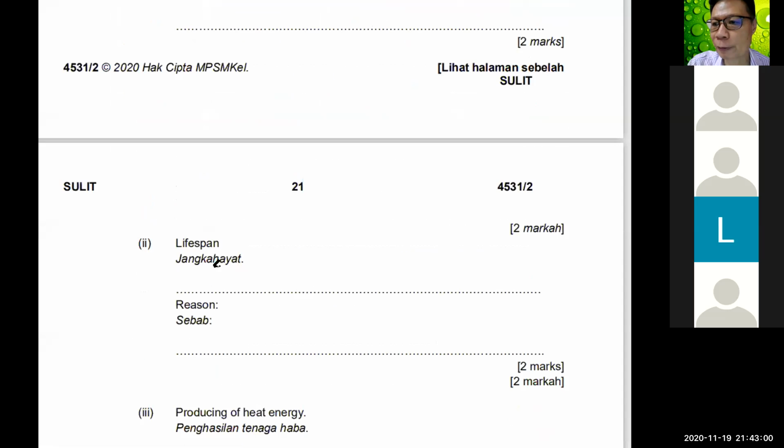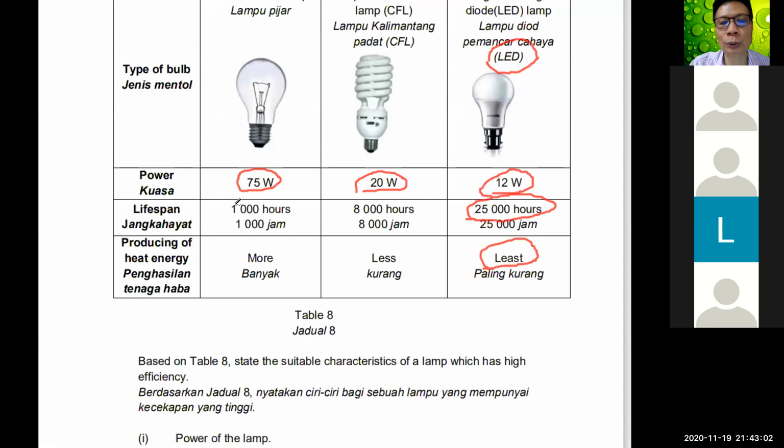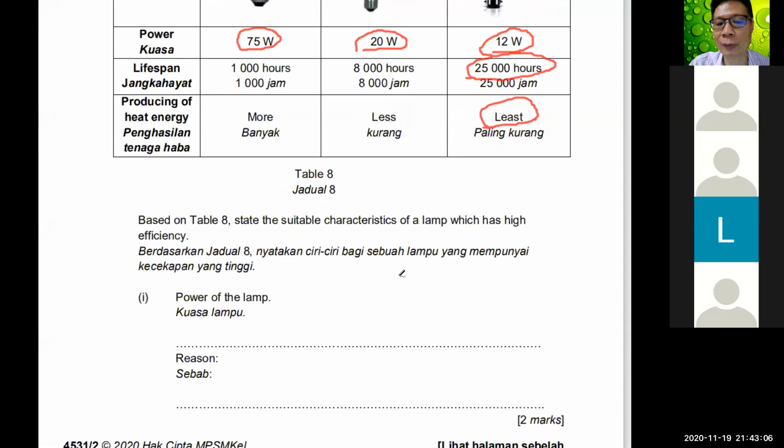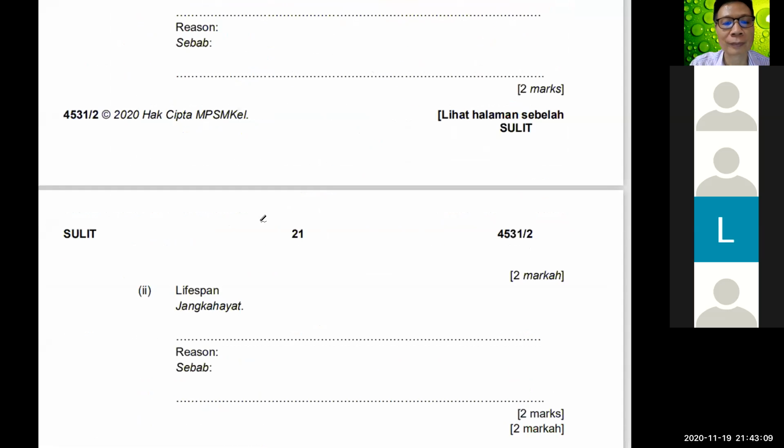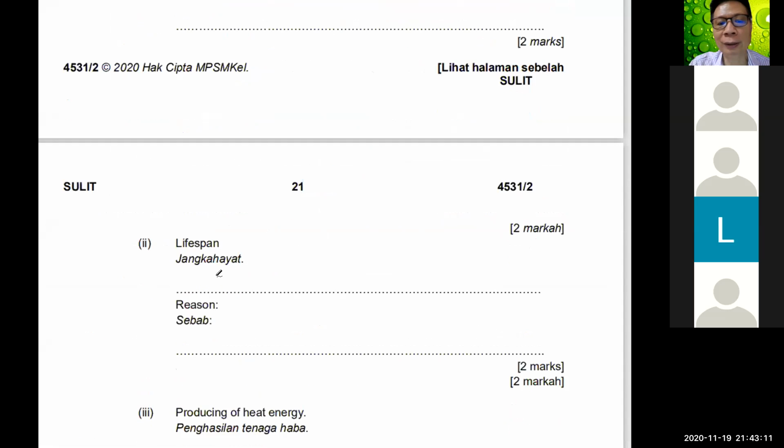And lifespan, same. Don't choose and don't write 1,000, 8,000, 25,000. So how do you write lifespan? Long lifespan. Long lifespan, right? What is the reason why you choose long lifespan?